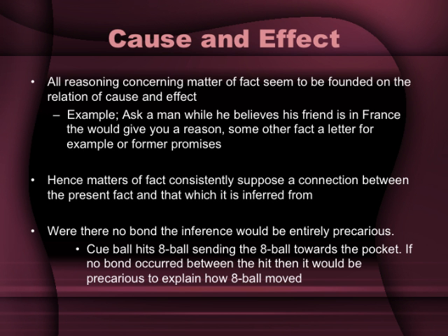We naturally see a cause, the cue ball's movement, and then the effect, the 8-ball's movement. If there were no bond between the two, then it wouldn't make sense. The cause and effect wouldn't make sense, and even more so, life wouldn't make sense to us.